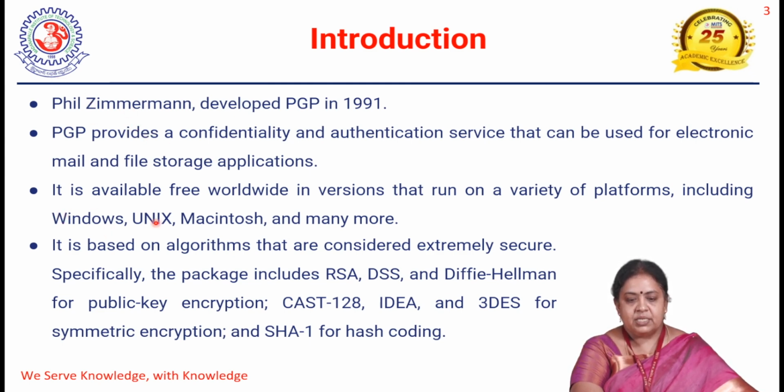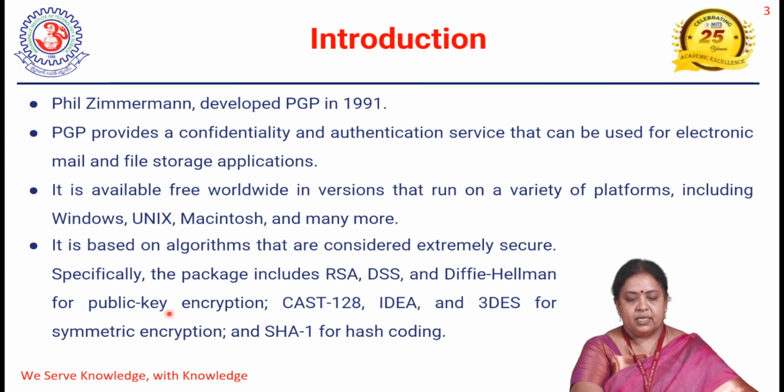This PGP is available free. It is available for free worldwide in versions that run on a variety of platforms including Windows, Unix, Macintosh and many more. And this PGP is developed based on algorithms. Those algorithms are RSA, DSS and Diffie-Hellman for public key encryption, and CAST-128, IDEA and triple DES for symmetric encryption.